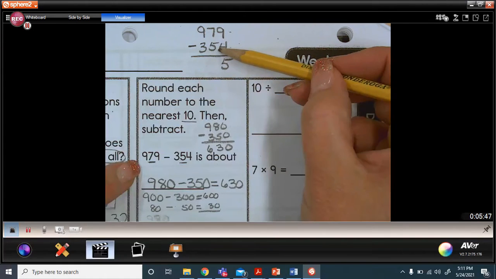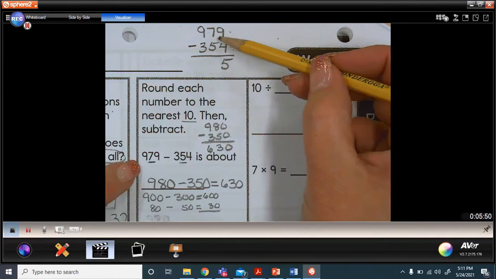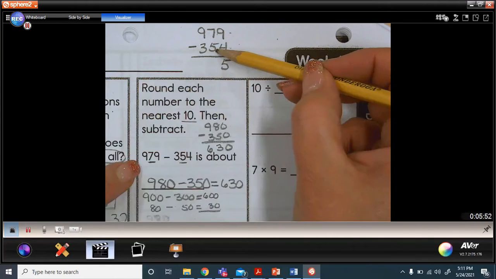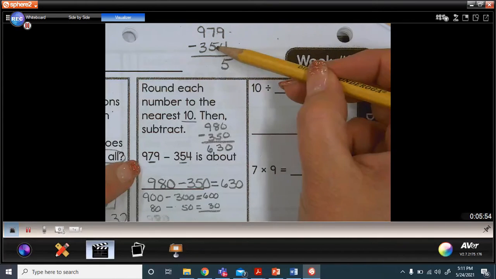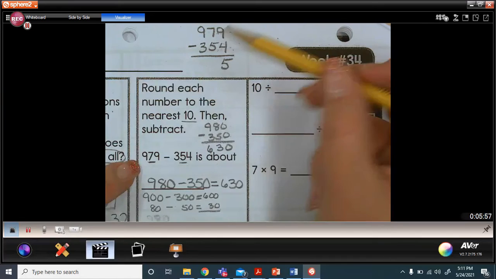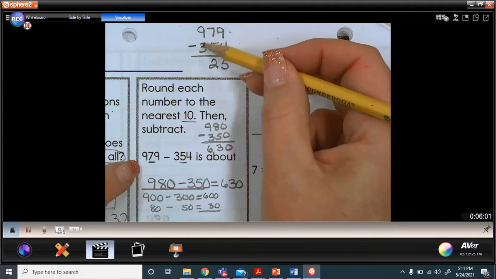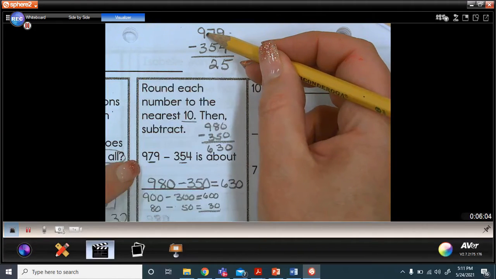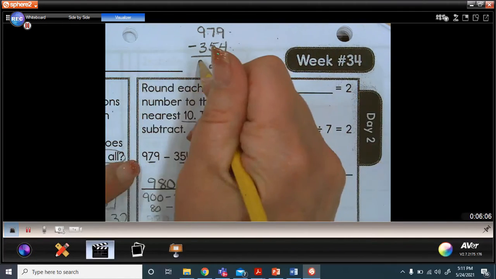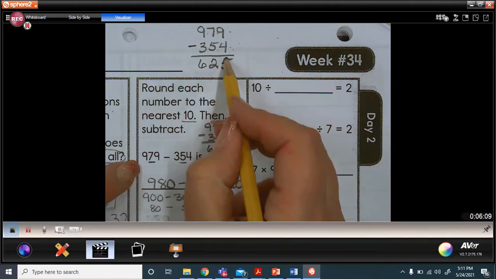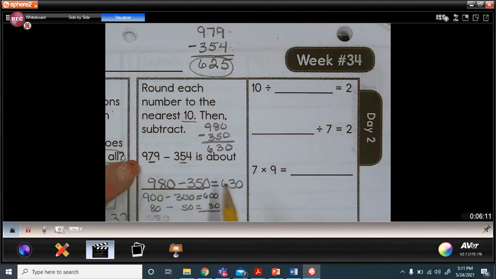I also do not need to borrow in my tens place because I have enough tens to subtract these 5 tens. So 50 from the 70 is going to give me 2 tens, which is 20. And 300 from the 900 is going to give me a difference of 600. So 625, is it close to 630? Yes, it sure is. So this estimate is a pretty close estimate to what we have here.